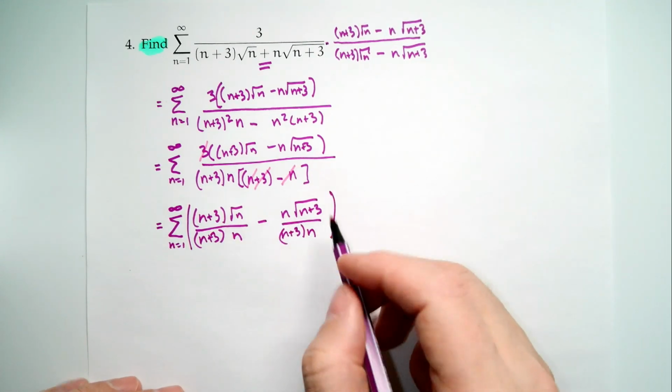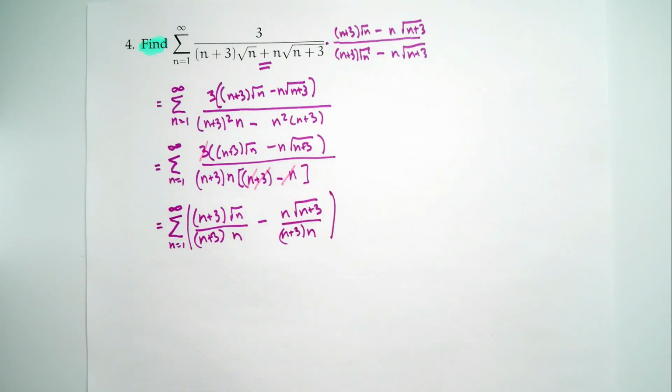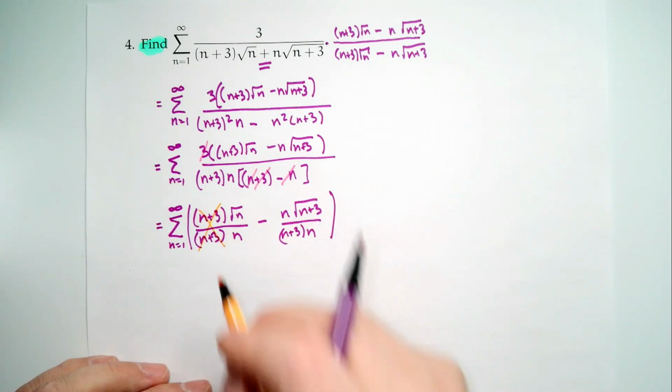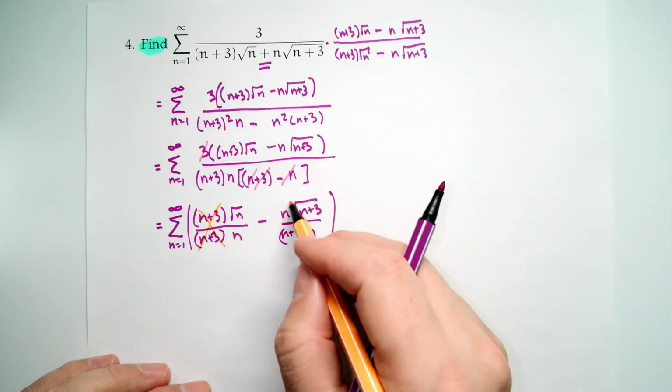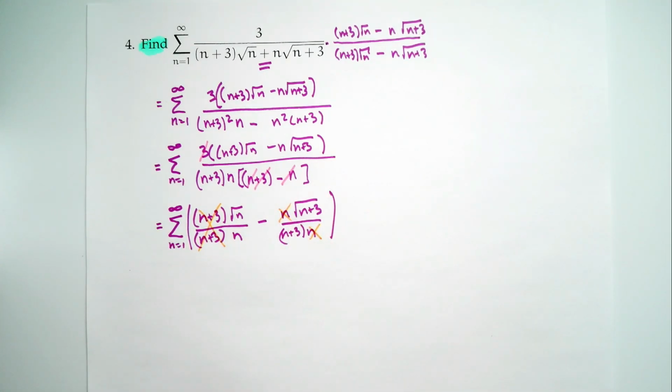Alright, so we broke up over the numerator. Now, can we simplify anything? Well, yeah, we can. See, like in the first term, the n plus 3's cancel. In the second term, the n's cancel. But actually, we can do a little bit more.